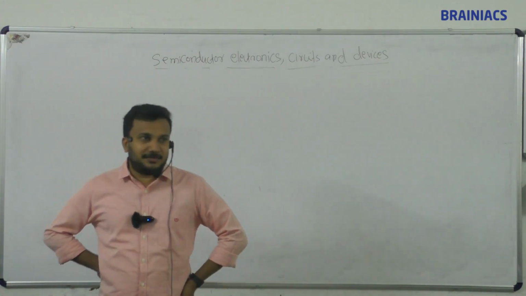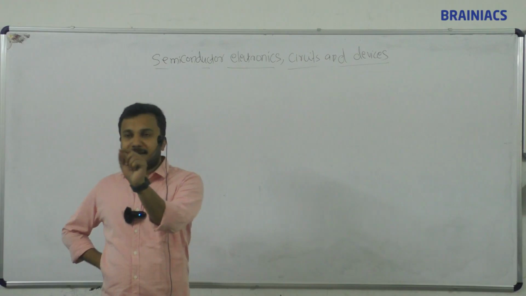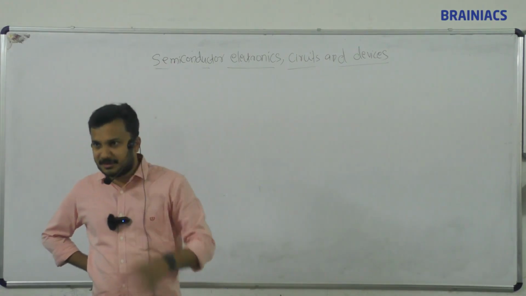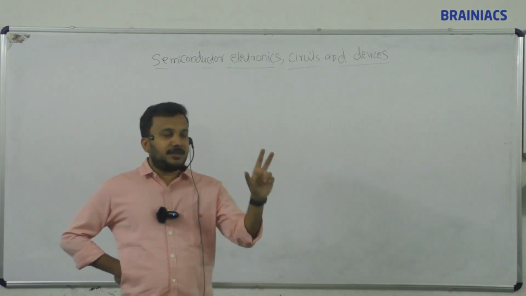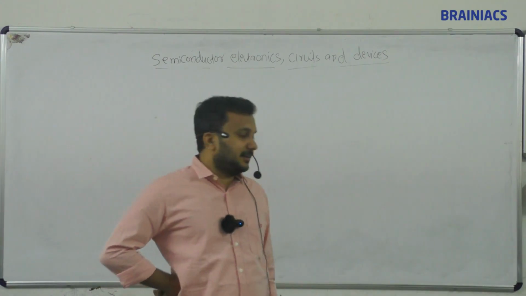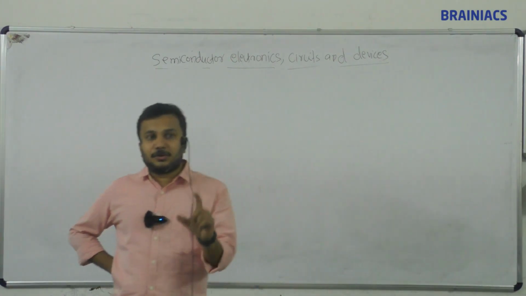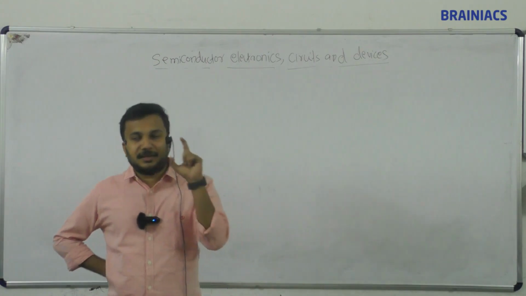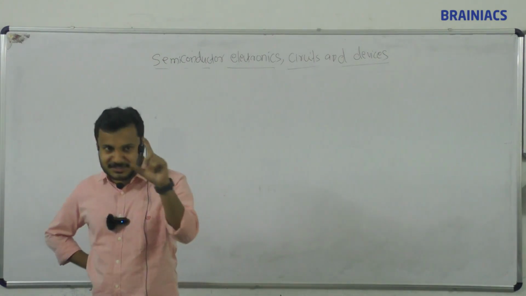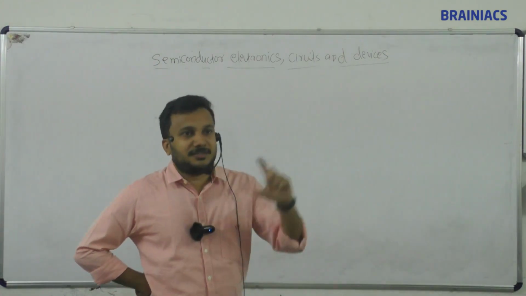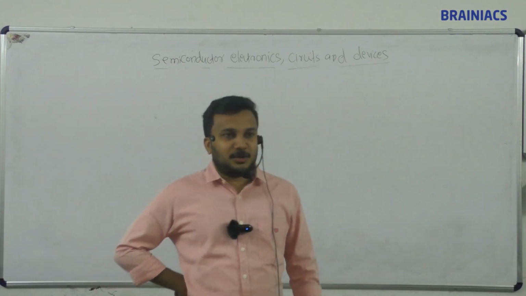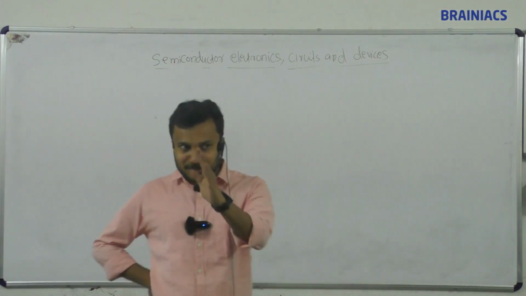That's what we have learned, right? The electron hole pair concentration in an intrinsic semiconductor is equal to the intrinsic concentration, given as 10 power 13. So we'll solve it step by step.